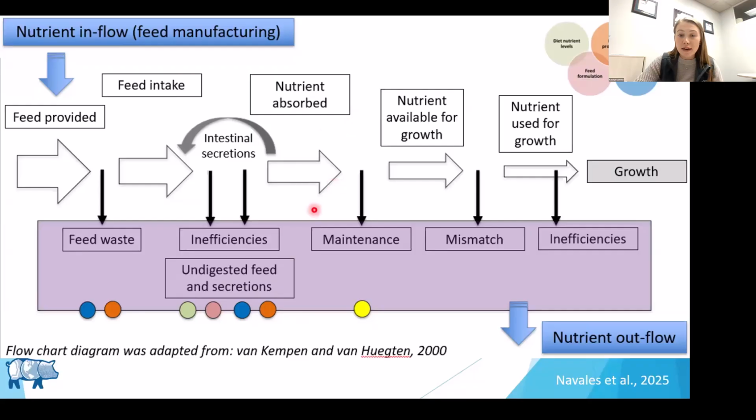Then we can look over here where once we have the nutrients absorbed, we have some of those nutrients available for growth. However, we can actually view some of those nutrients used as maintenance as an inefficiency as well. And we can see that can be impacted by anything from genetics, from environment, all the way to health.